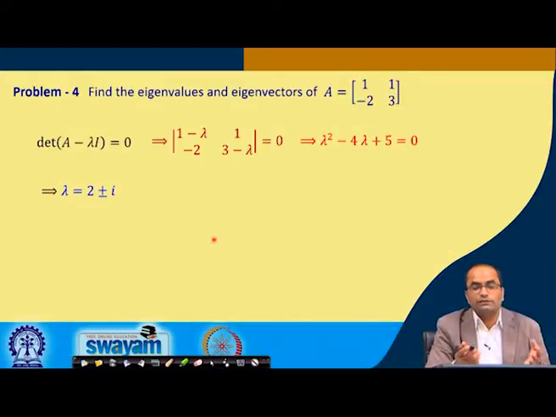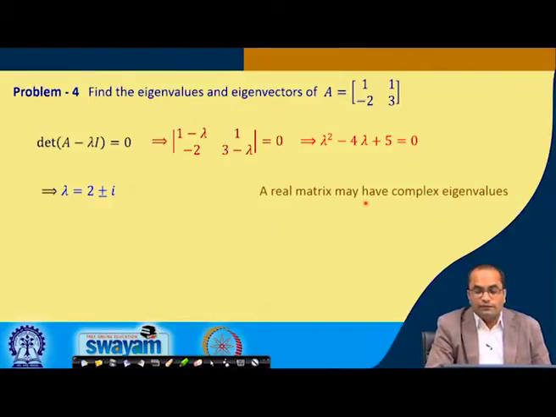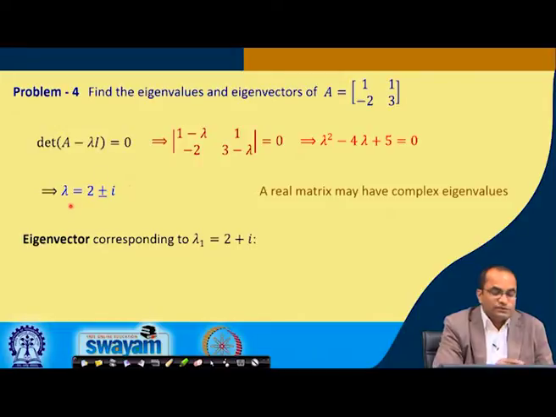That again shows that the matrix entries may be real, but still we may get complex roots of the characteristic equation, meaning the eigenvalues may be complex. So, a real matrix may have complex eigenvalues, that is the remark.